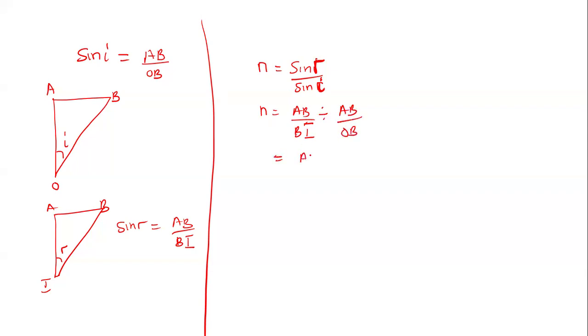This gives AB out of BI times OB out of AB.